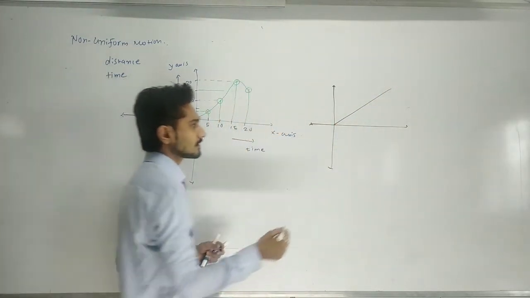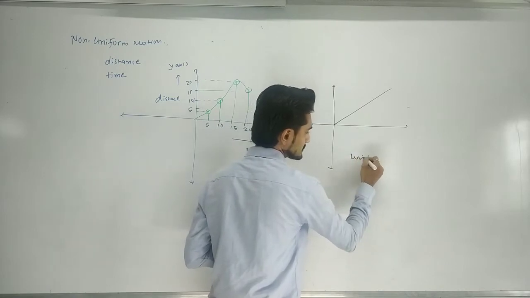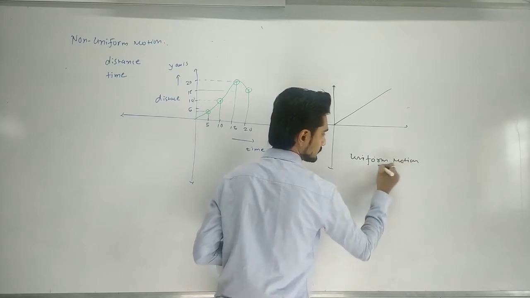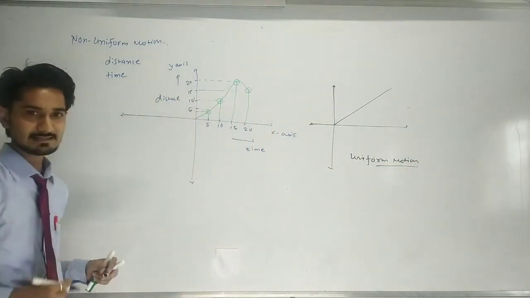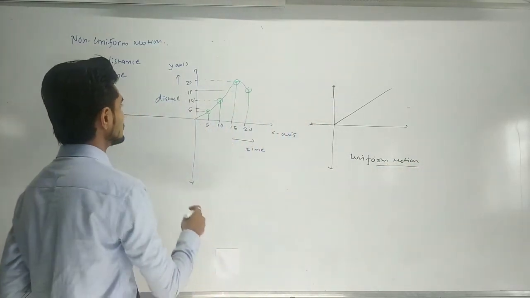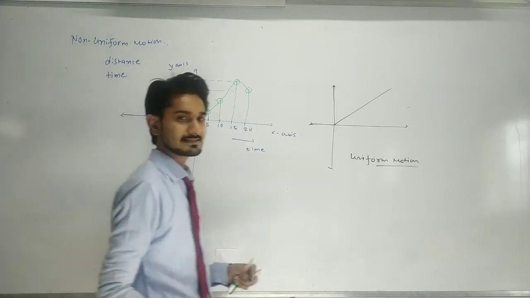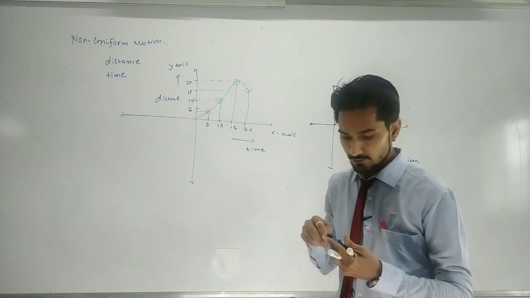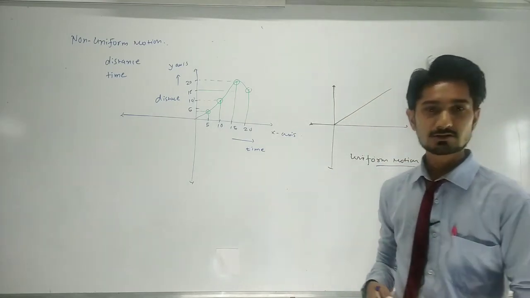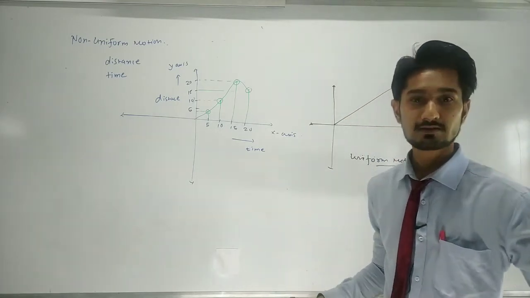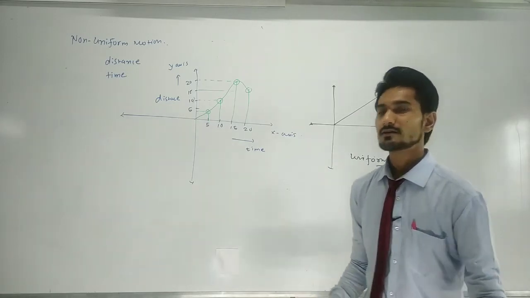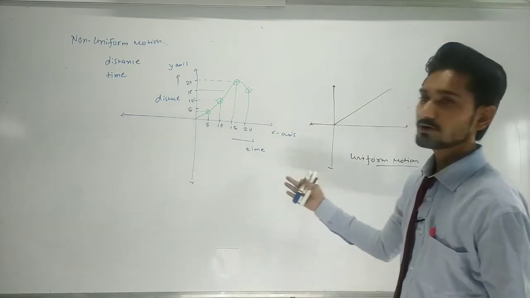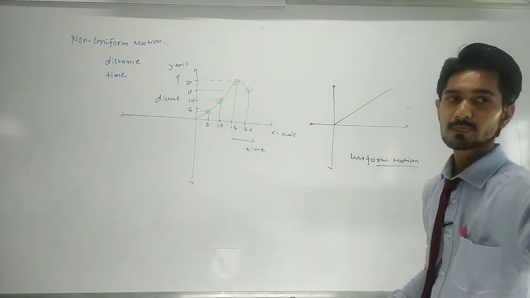This is the uniform motion's graph, while this is the non-uniform motion's graph. You can draw it from here. I am giving a 2 second gap, and you can draw it from here.